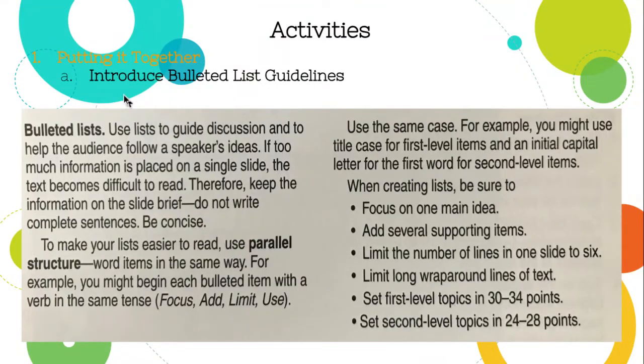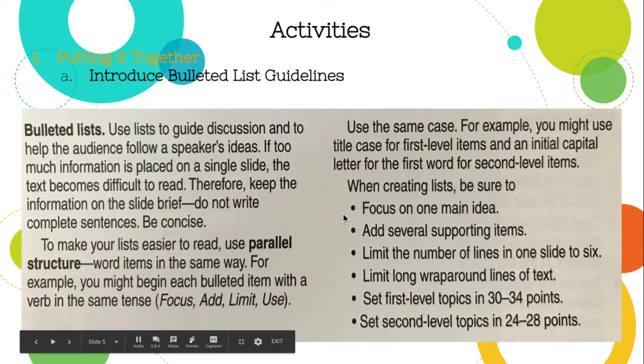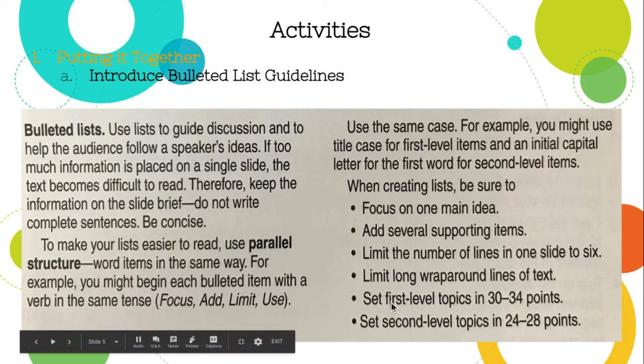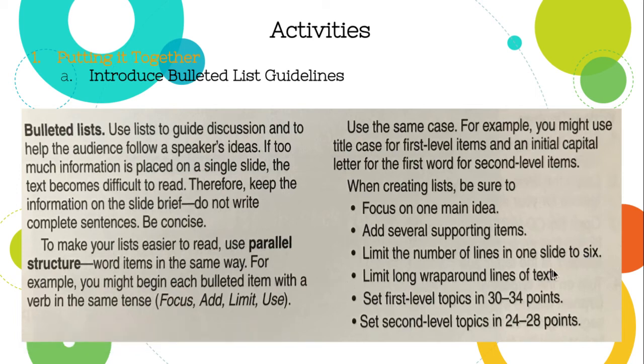Moving on. So here's our bulleted list guidelines. Please make sure that you look over and you read this information. Some things that I really want to focus on is your lists should focus on one main idea. Add several supporting items. Limit your bulleted list to no more than 6. Make sure that you're limiting your long wraparound lines of text.